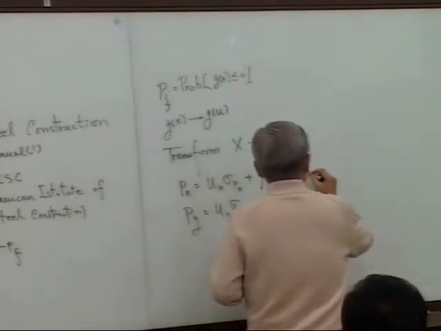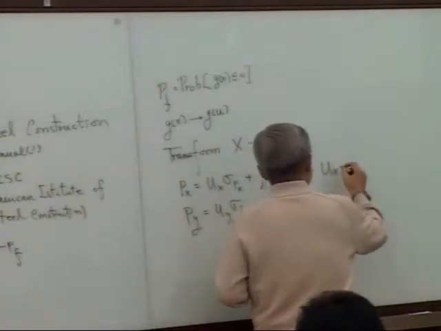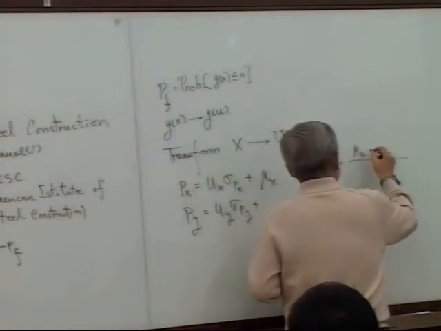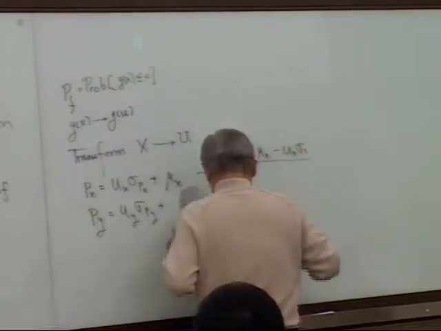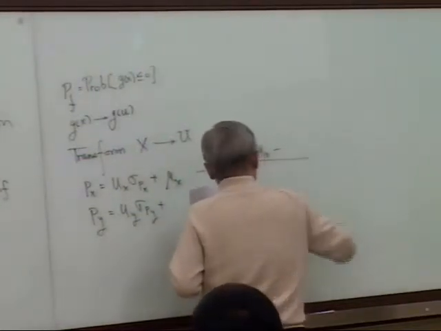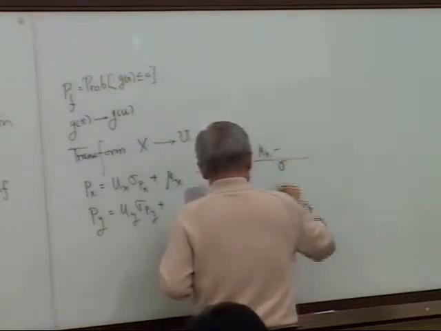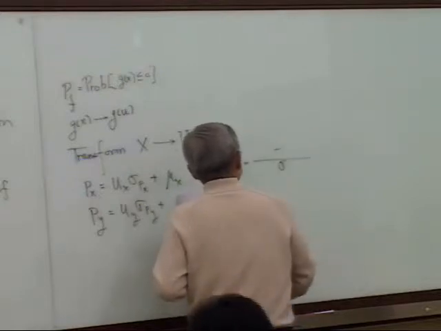This is really coming from Ux equals (Px minus mu x) over sigma x. What am I doing? Today is only Wednesday.